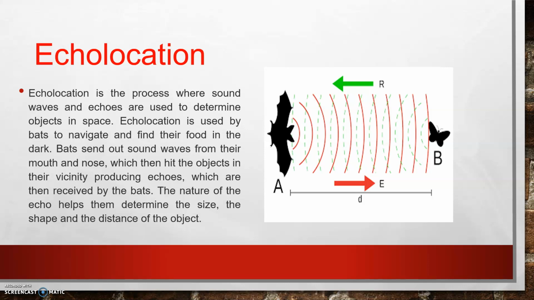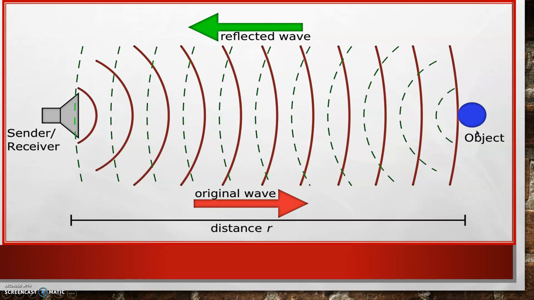They cannot see the real objects; they use this technique to find their food. Now see here, the dark red colored waves are the waves sent by the producer, that is, the bat here, and the dotted lines are the reflected waves from the object.